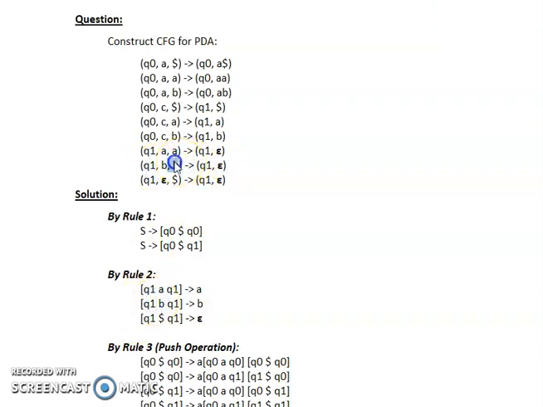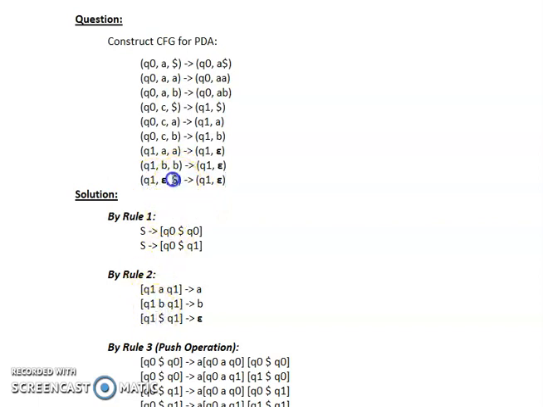Then the symbol in the stack, that is B, is put over here, and then the new state to which we are moving in our pushdown automata is copied over here, and then the input symbol B is copied over here on the right hand side of our production. Now for the last transition rule, we check that Q1 is copied as it is.